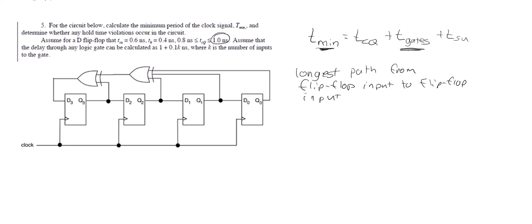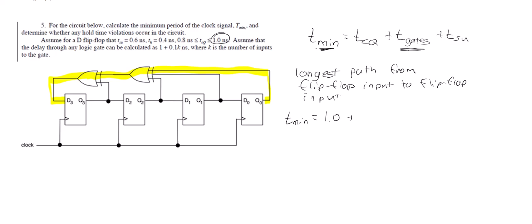And in this instance, our longest path is right here, from D0 to D3. And so our minimum clock time is TCQ, which will be 1 nanosecond. These are all in nanoseconds.